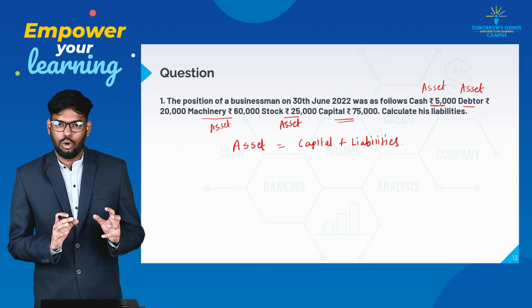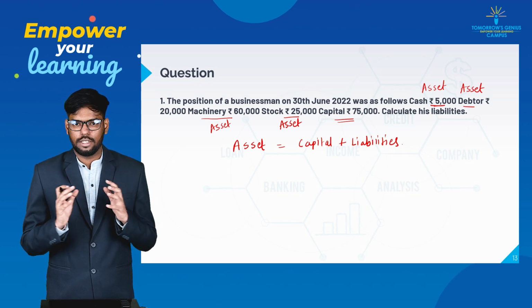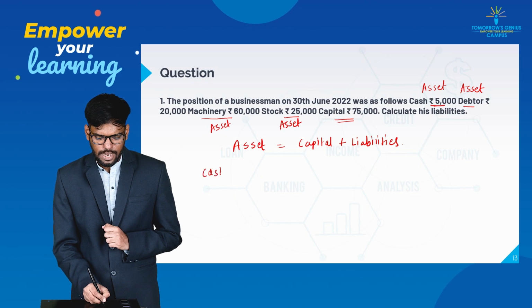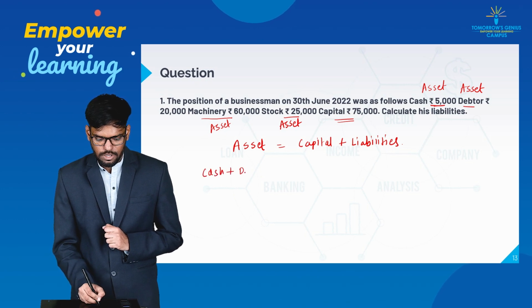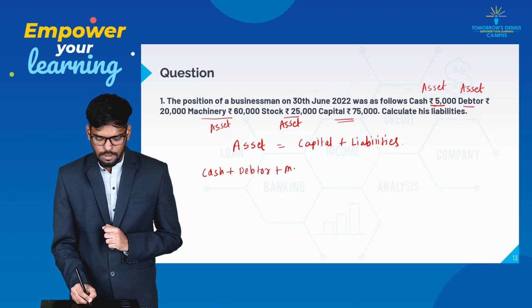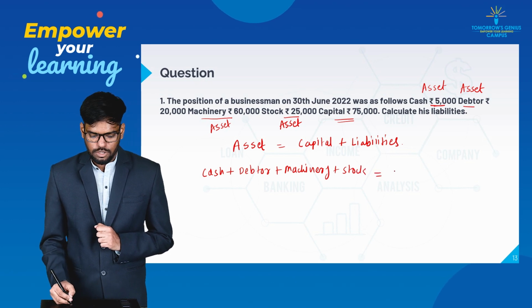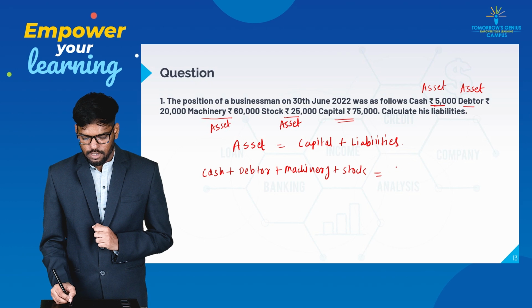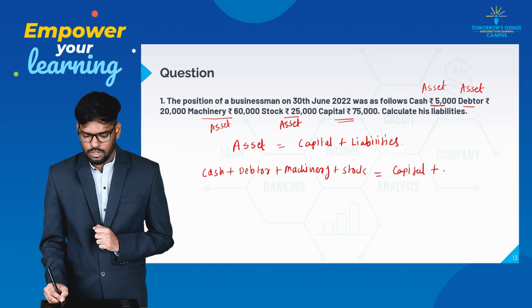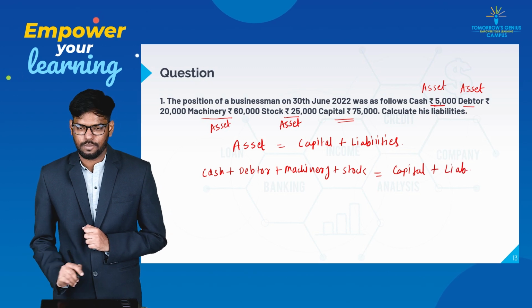So first of all, the assets we have to club together, we have to add together. So for assets, I will consider cash plus debtor plus machinery plus stock, right, is equal to capital plus liabilities, which we don't know, right?